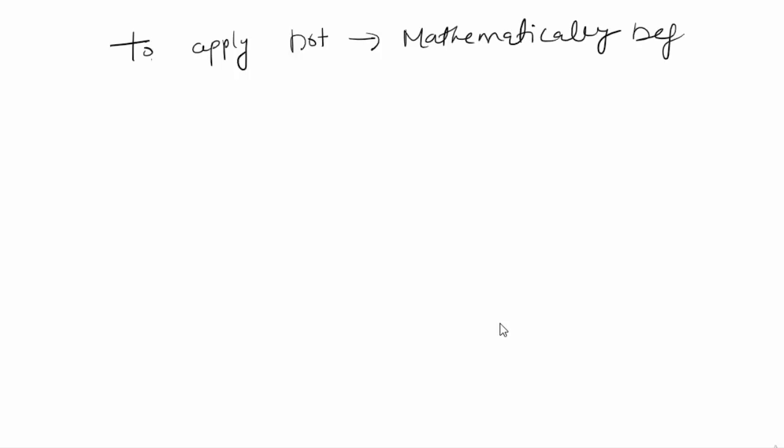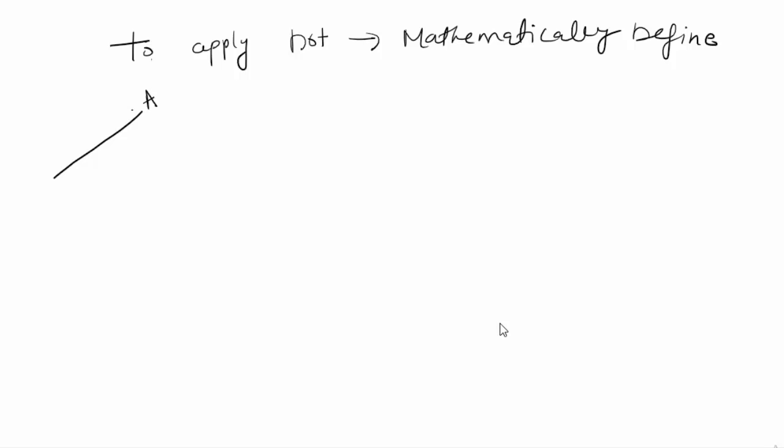So to mathematically define the dot product, I will consider two vectors in space.